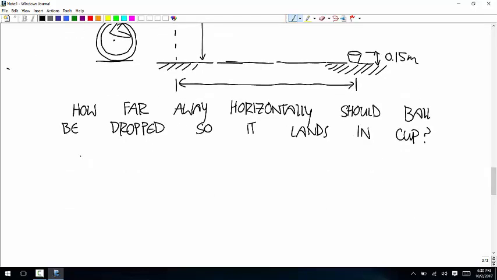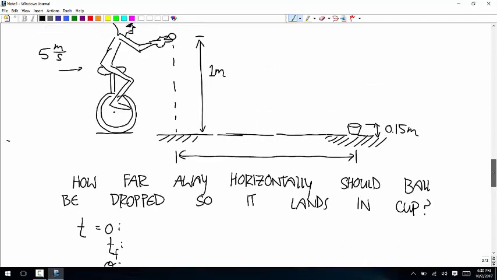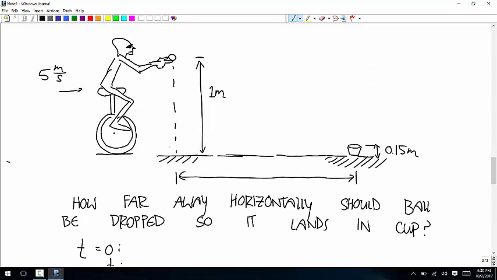Okay, so first thing we have to do is make these 4 choices. I'll just draw the coordinate system. So I'm going to put the y-axis up, and I'm going to put the origin right underneath the ball at the instant when time is equal to 0, so when it's released.